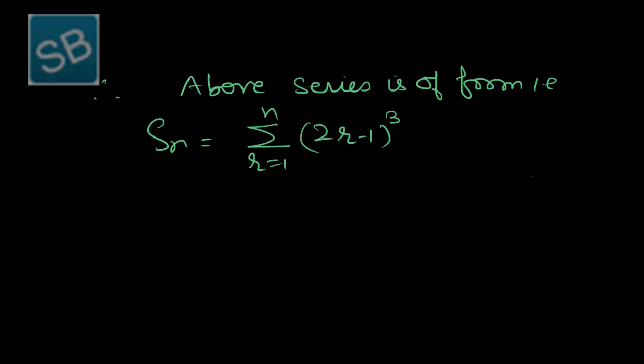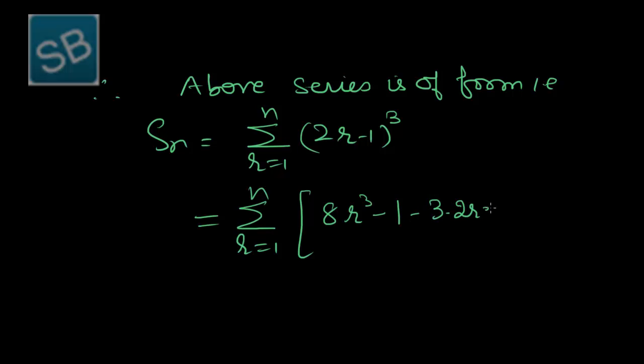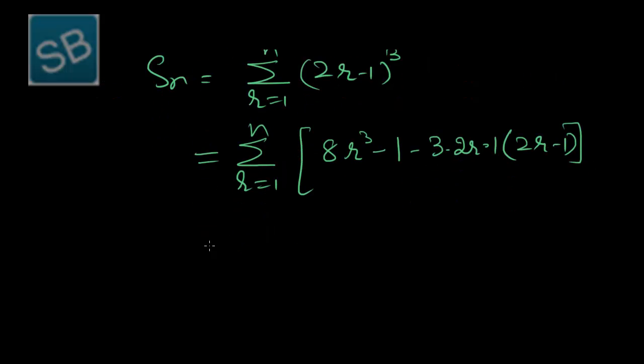So we will find out the value of this series. For a minus b whole cube, that is a cube, where a is 2r, so 2r cube is 8r cube, minus b cube, that is 1, minus 3ab into a minus b. This is the formula of a minus b whole cube.